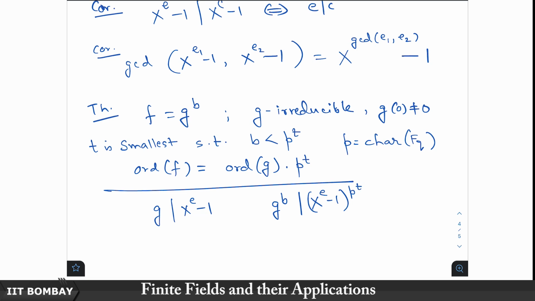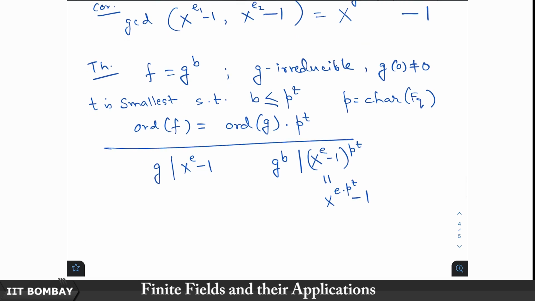Why is that? Because p^t is greater than or equal to b, and this is equal to x^(e p^t) minus 1.